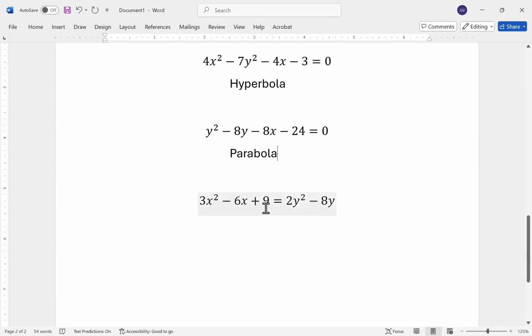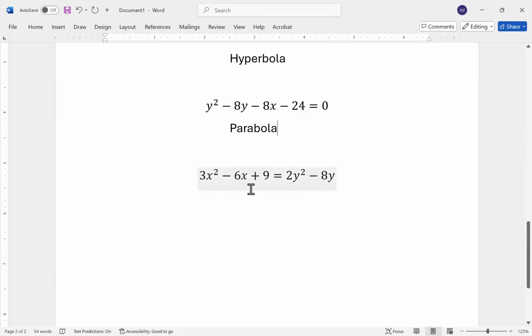Now for this last one, this one's a little bit tricky because the x squared and the y squared terms are not on the same side of the equation. One of them is on the left side, one of them is on the right side. Right now, it's a +3 on the x squared and a 2 on the y squared.